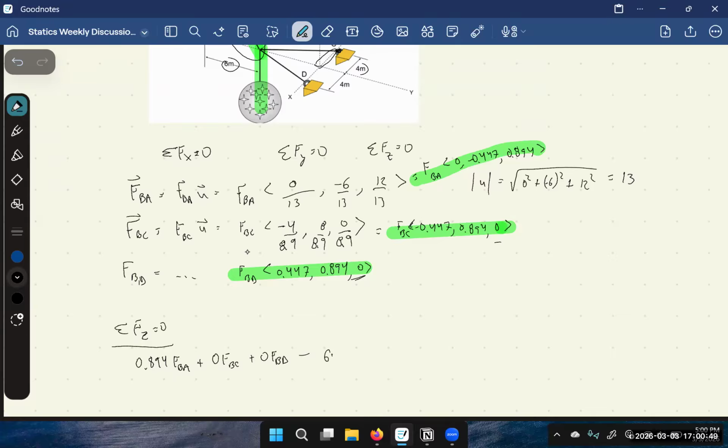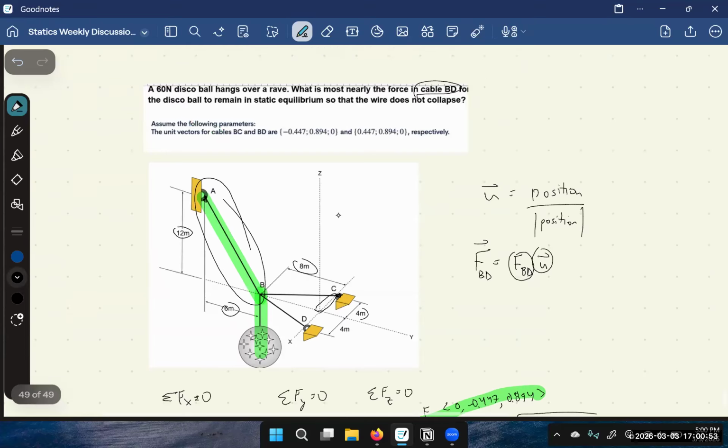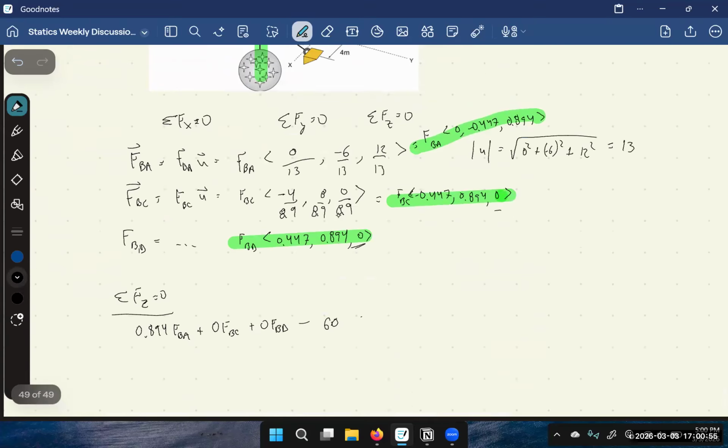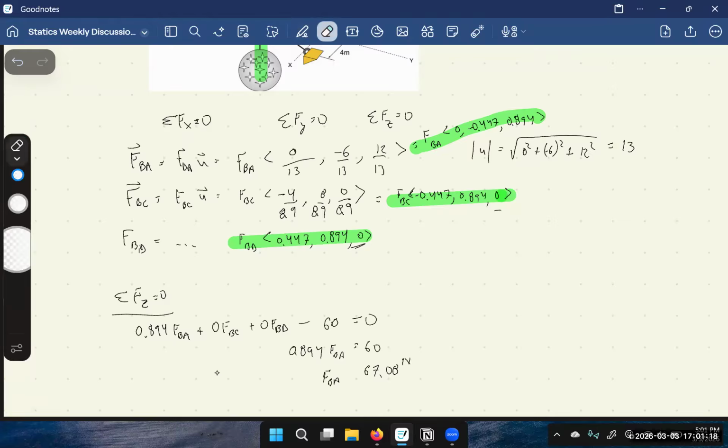The weight is 60 newtons, according to the problem, equals 0. So we have 0.894 FBA equals 60. FBA equals 67.08 newtons. So we have FBA solved.